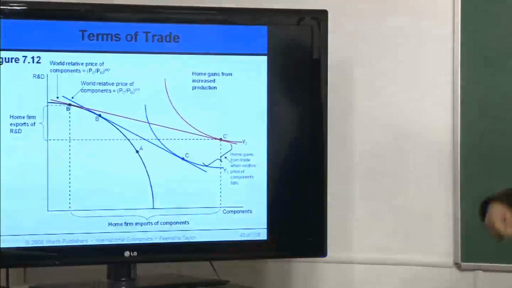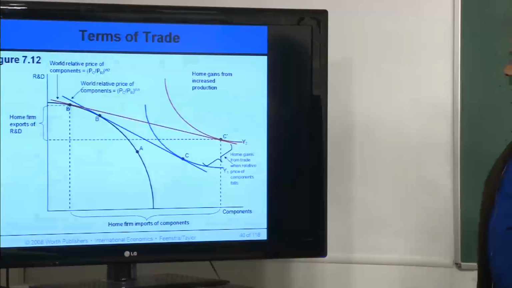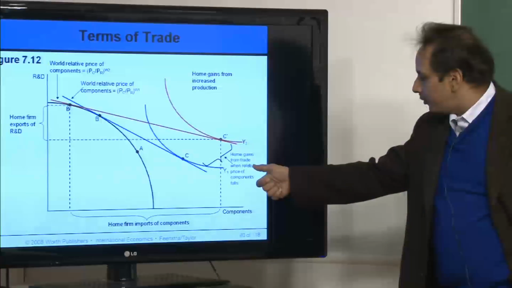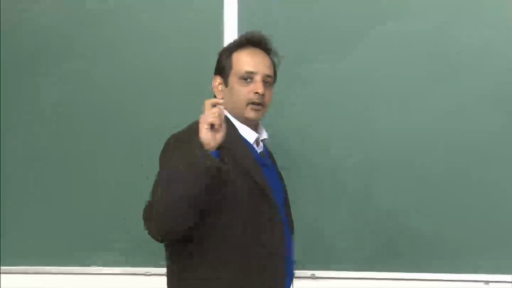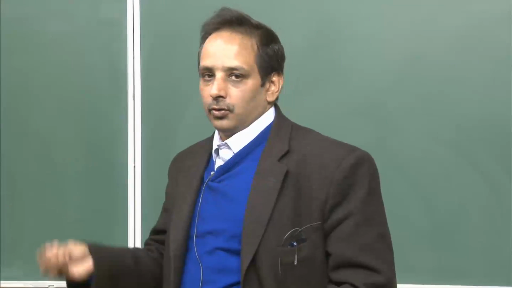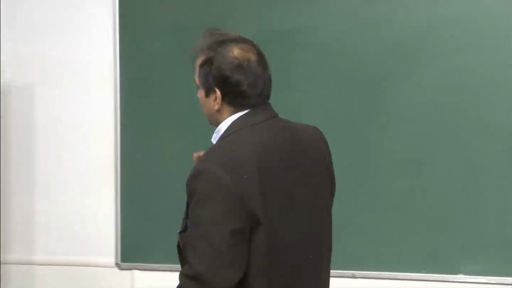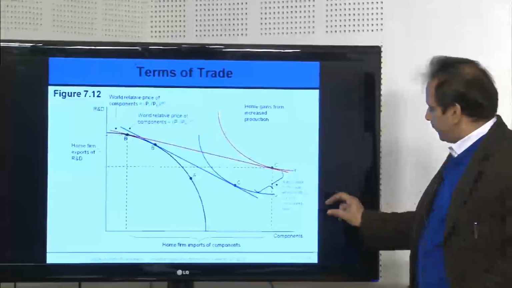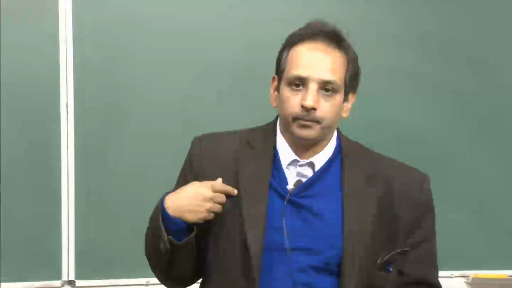Home is now producing more of R&D, importing more of components, and the home gains from trade when the relative price of components falls. So this is a case where technological progress takes place in the component sector in the foreign country. So it is like Mexicans doing technological progress, but it leads to a fall in the terms of trade in their country and a rise in the terms of trade in the home country.